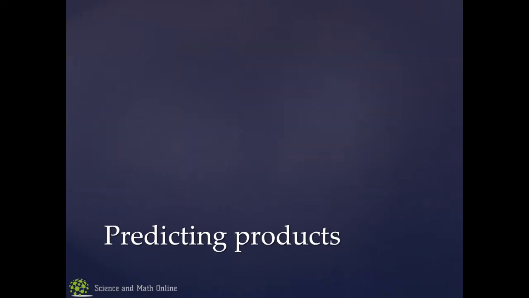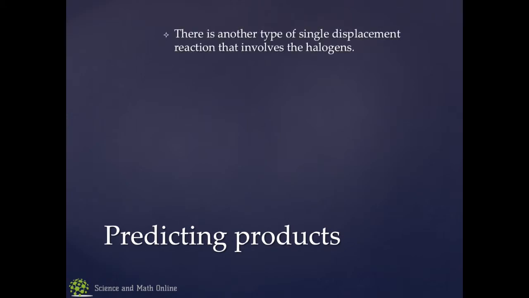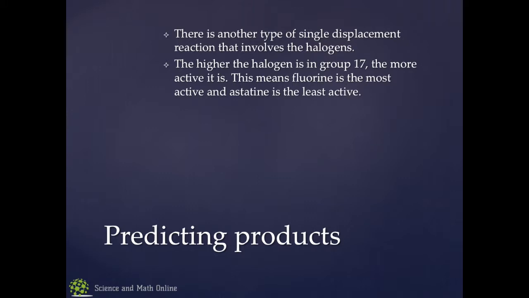With nonmetals, that's going to only occur with halogens. The activity series for the halogens is the way in which they are written on the periodic table. Fluorine is the highest and iodine is the lowest. So you've got to be higher in the periodic table to replace the other.